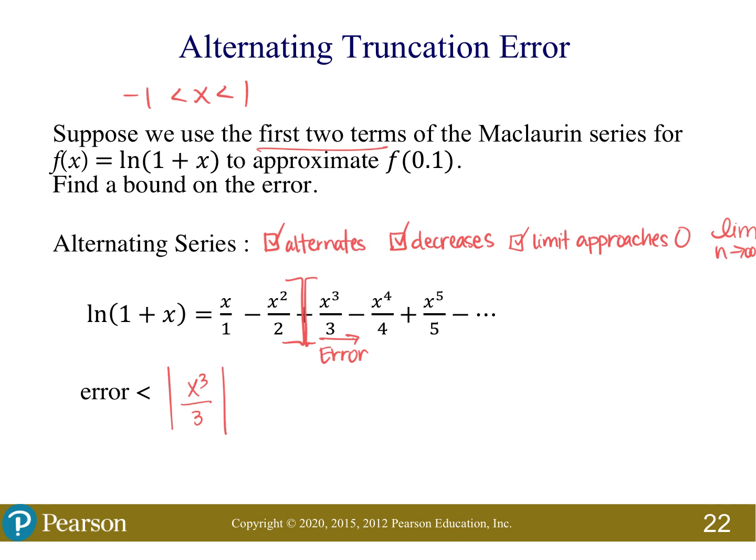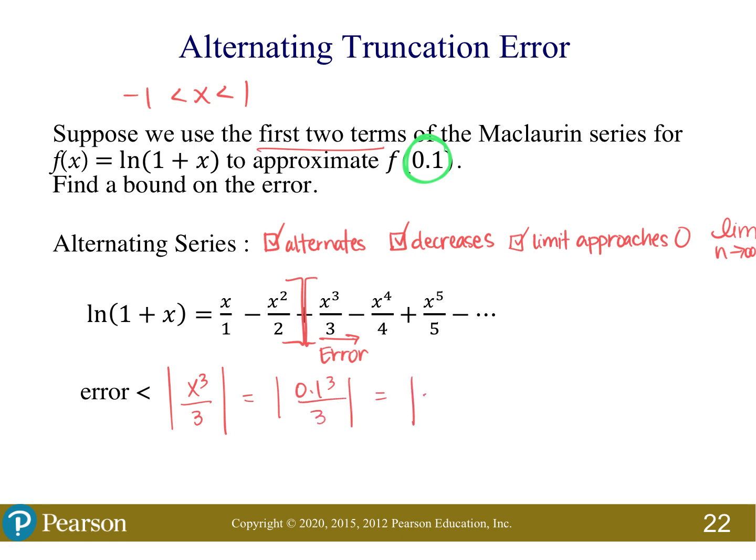Okay, now we get to actually plug a number into this. They want us to evaluate it when x is the value of 0.1, which again fits within our interval. So x is 0.1. Then it must be 0.1 cubed over 3.